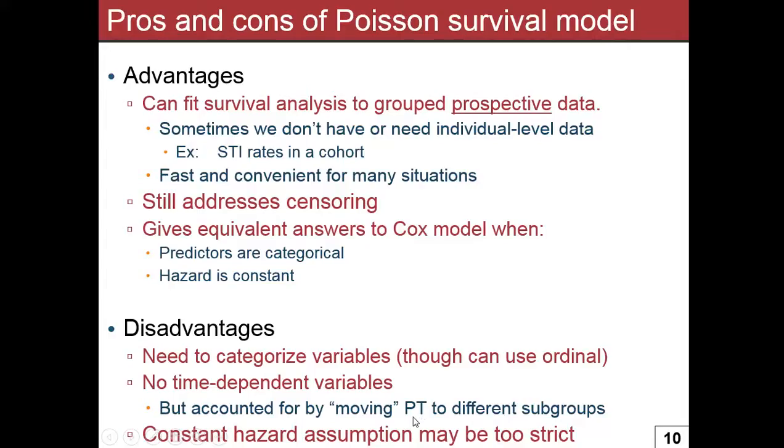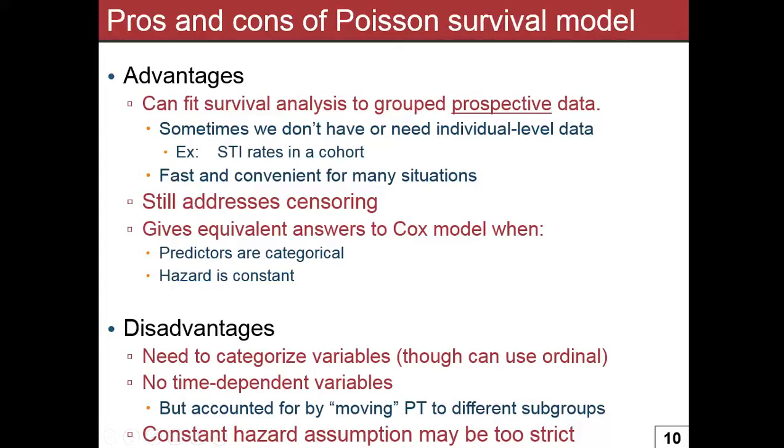So let's say I spent 2 person years as a no transplant person and 4 person years as a transplant person. In making your summary data, you could say, okay, you gave 2 years to that group and you gave 4 years to that group. So the internal time-dependent variables, you can do it, but you've got to do some work. But you can't do the time-dependent interactions for sure. And the biggest disadvantage is that this assumption may not make any sense. The constant hazards assumption.